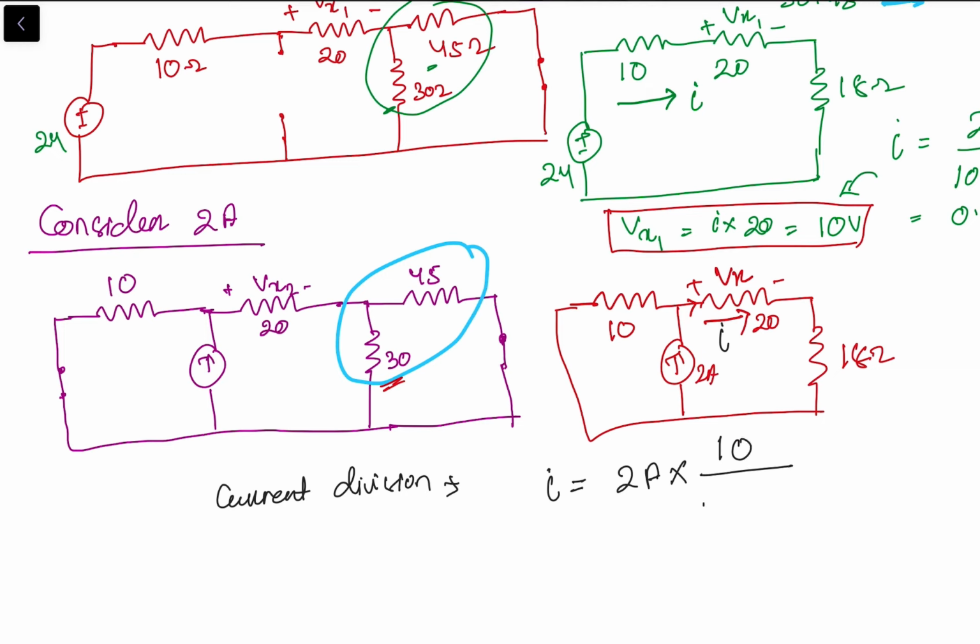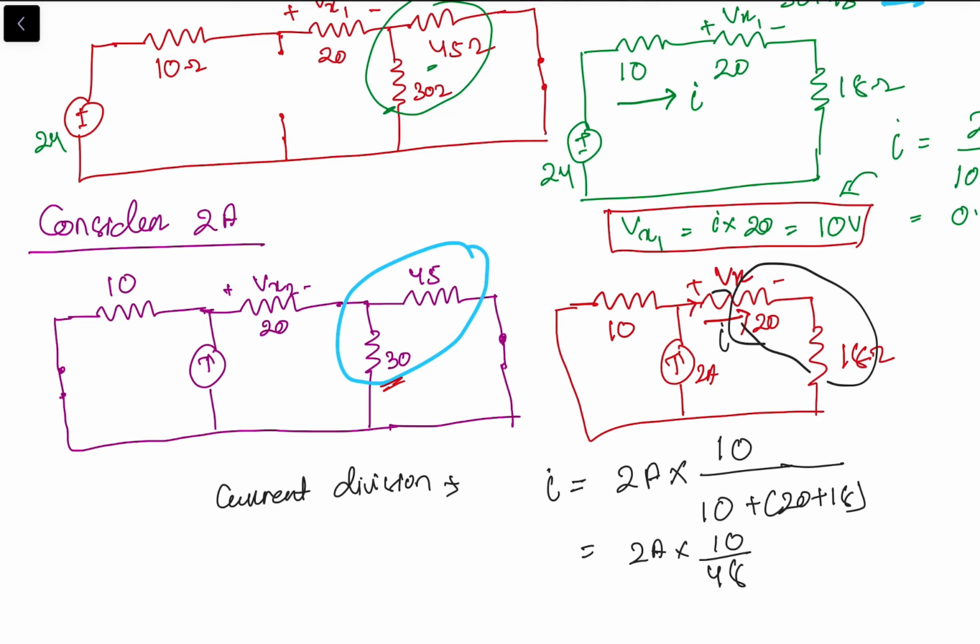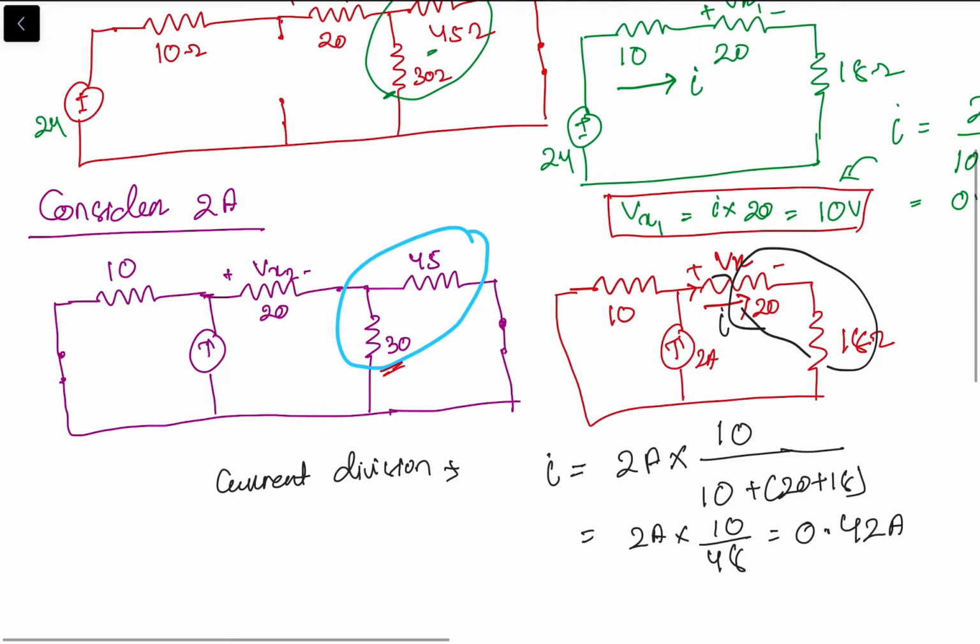Total resistance is how much, 10 plus 20 plus 18. So I will get 2 ampere into 10 divided by 48, and the value will be 0.42 ampere.